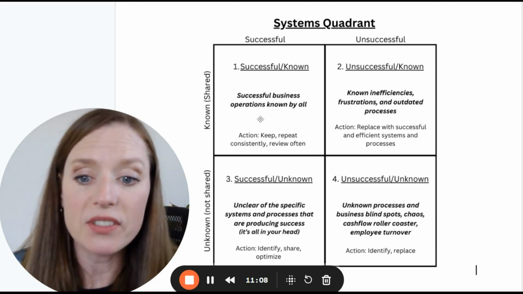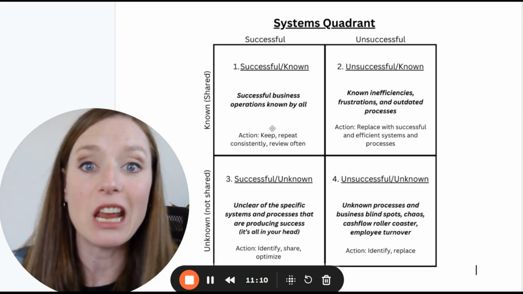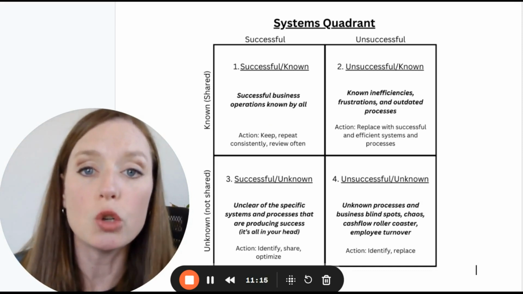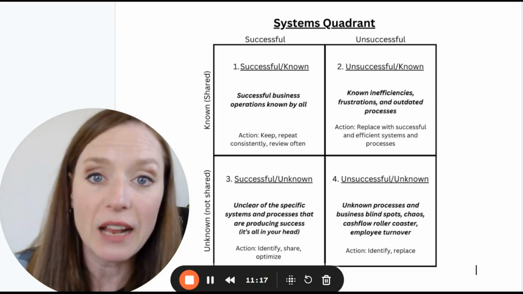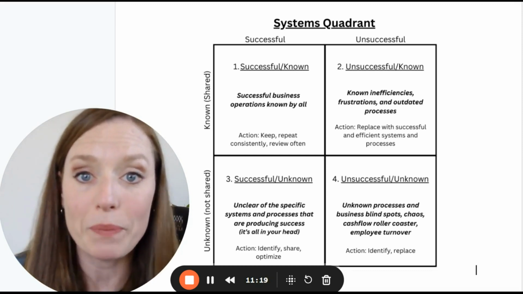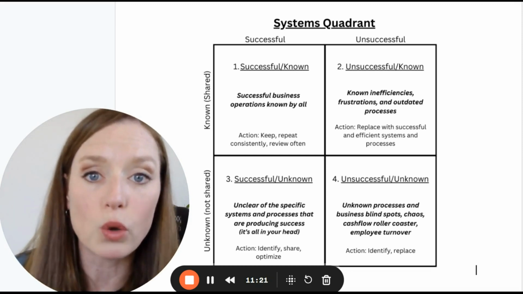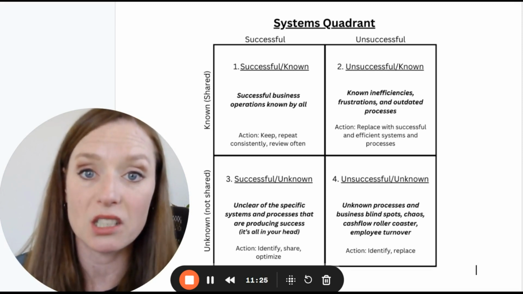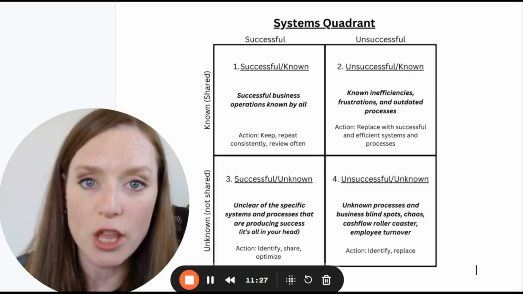So if you have systems that are known and they are the ones driving your success in your business, do not touch those. Make sure you communicate them to new employees. Make sure you repeat them often so they become ingrained into everyone on how you do what you do and what makes you successful, but don't change them.